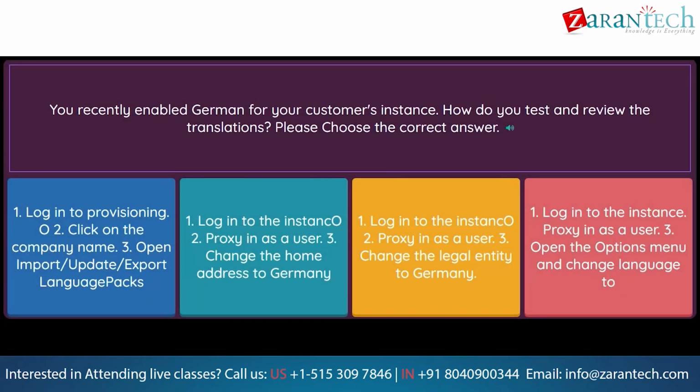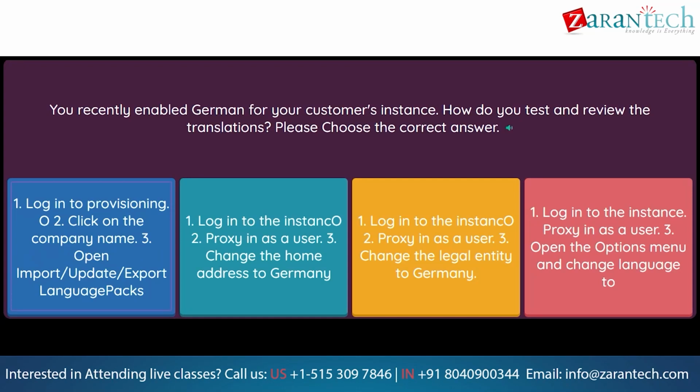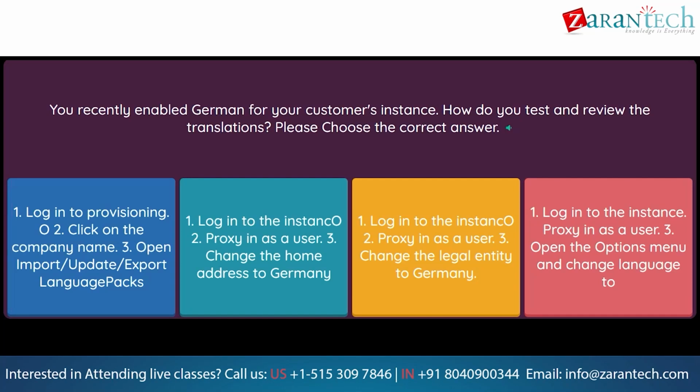Question: you recently enabled German for your customer's instance. How do you test and review the translations? Please choose the correct answer. Option 1: log into provisioning, 2: click on the company name, 3: open import/update/export language packs.